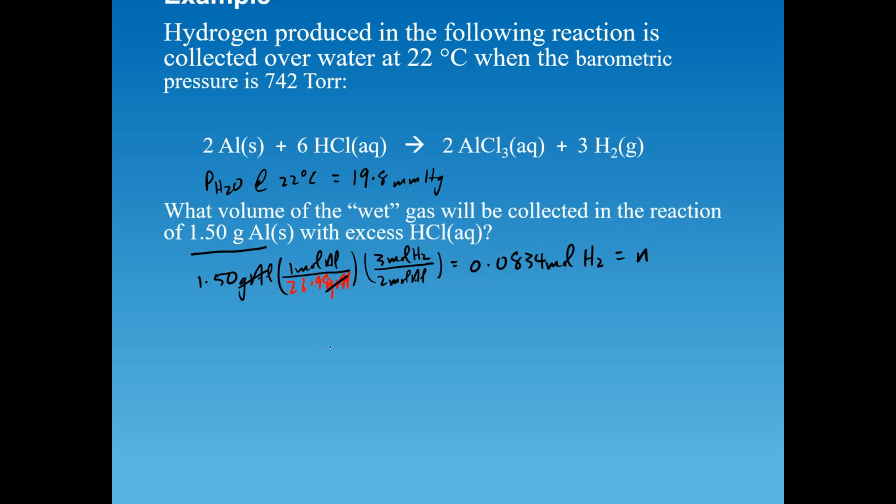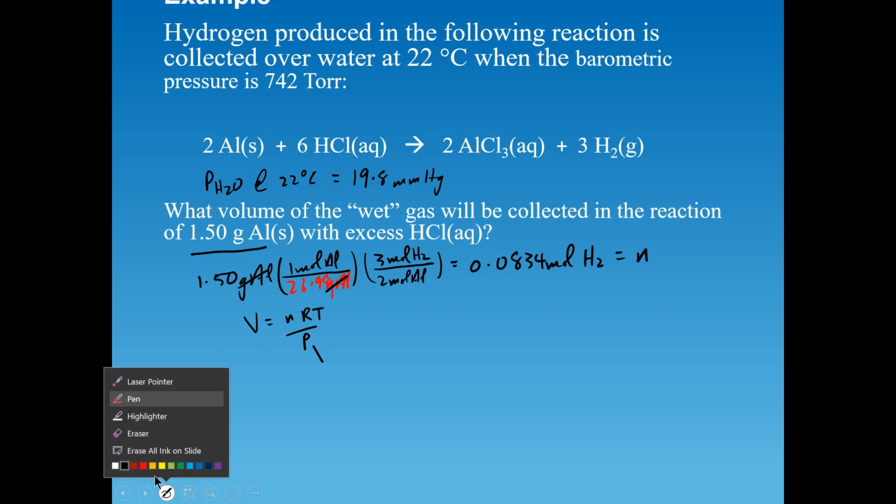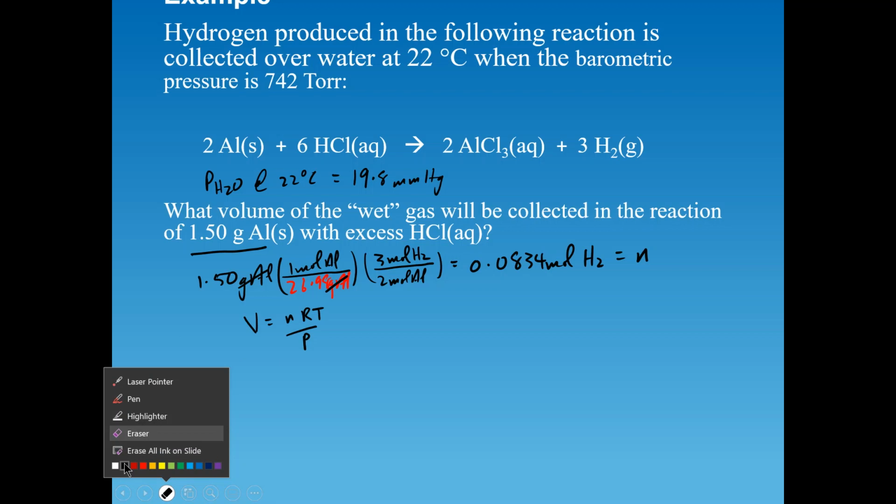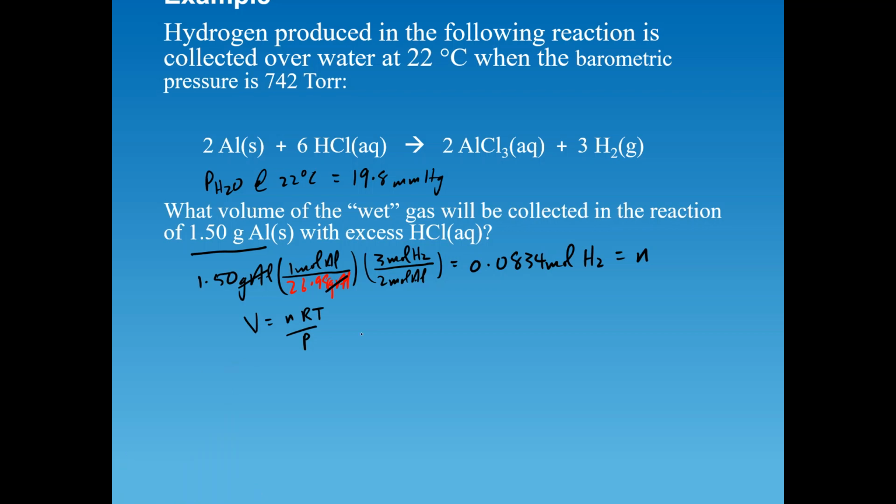Now, what the question is asking for is the volume. The volume would be equal to nRT over P. Now, here's the thing. We know what the number of moles of hydrogen is because we just calculated it here, right?